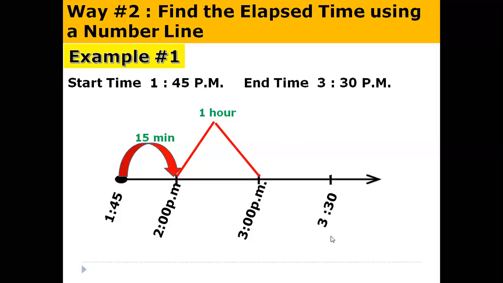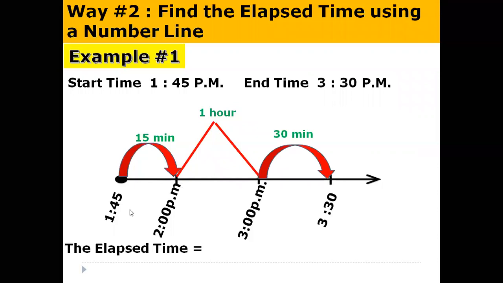How much did we jump here? Did we jump 1 whole hour? Of course not, because we didn't reach 4. It's just, as you see, 30 minutes. So these are the green numbers that we need. If you add them all together, the elapsed time is 1 hour and the minutes 15 and 30. So there is 1 hour, 15 plus 30 is 45 minutes. This is the elapsed time by using the number line.